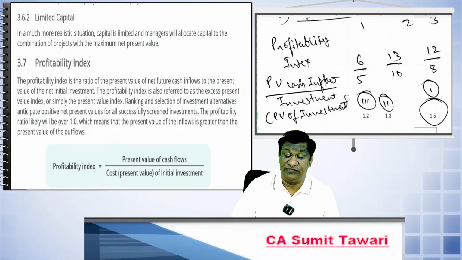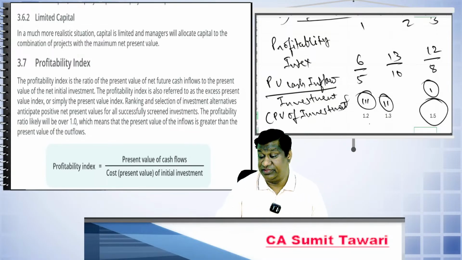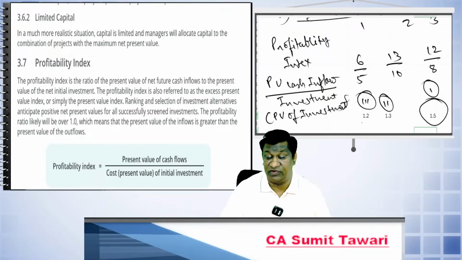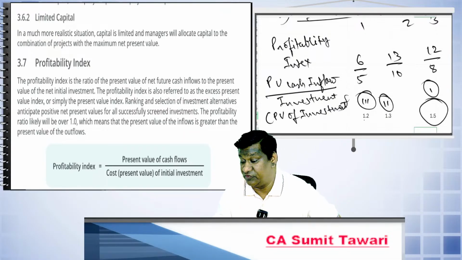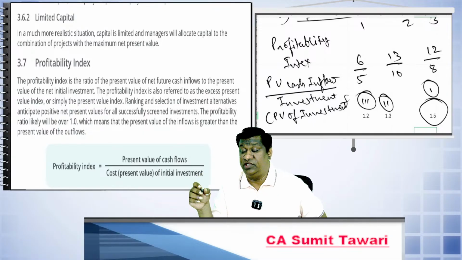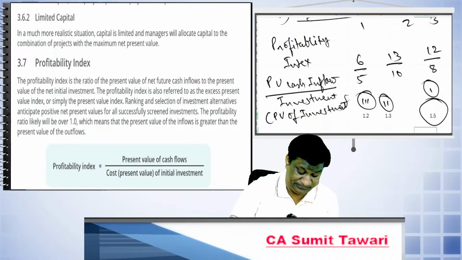Ranking and selection of investment alternatives anticipate positive net present value for all successfully screened investments. If it is less than 1, that means it is negative. The profitability ratio likely will be over 1, which means the present value of the inflow is greater than the present value of outflow. So you need to select only those projects which give a profitability index of more than 1.